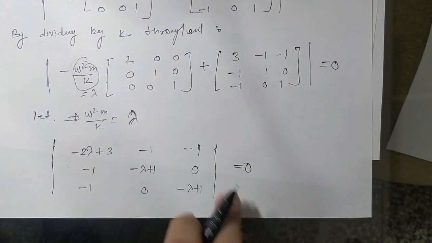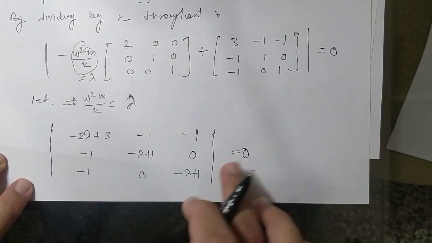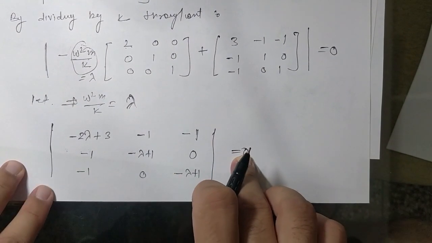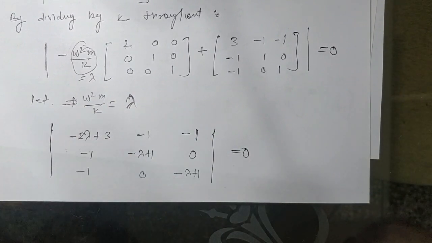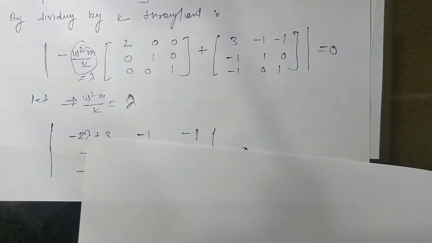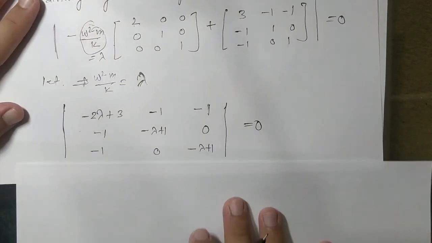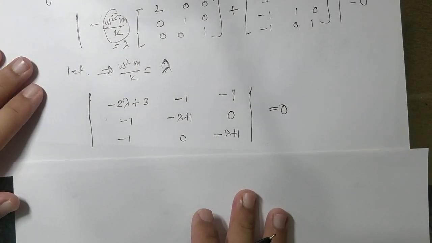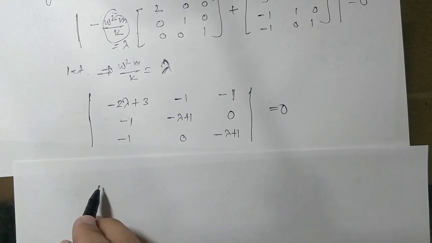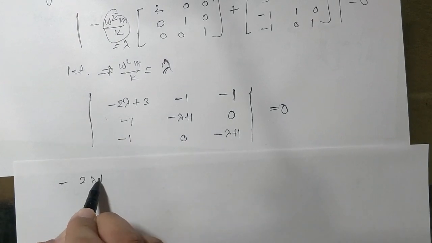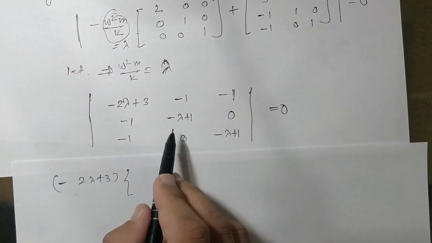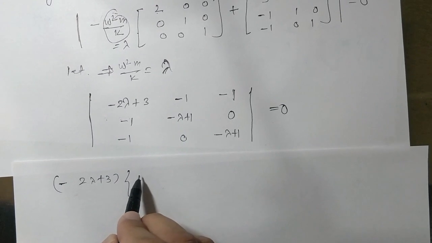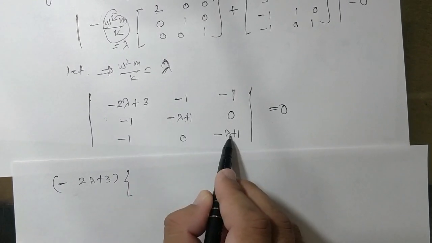So now if we find the determinant of this and set it equal to 0, we'll have a polynomial equation in lambda. Let me write it here. This is minus 2 lambda plus 3, multiplied by minus lambda plus 1 multiplied by minus lambda plus 1.